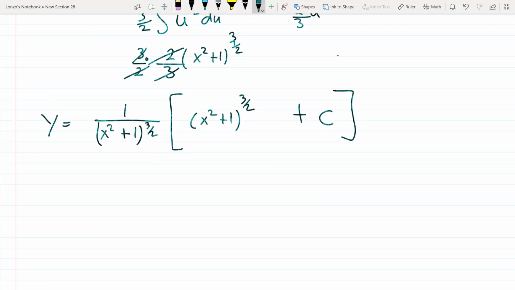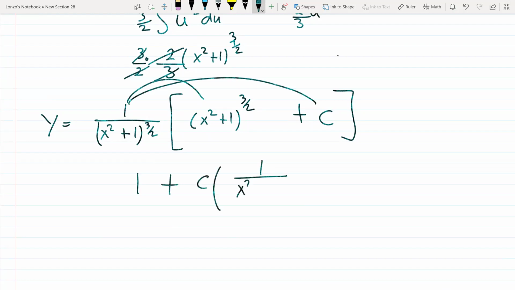Then you would FOIL this out. So what's 1 times this whole thing? See how the powers are the same. So this just becomes 1 plus, then don't forget about the c. So that's c times 1 over x squared plus 1 to the 3/2.